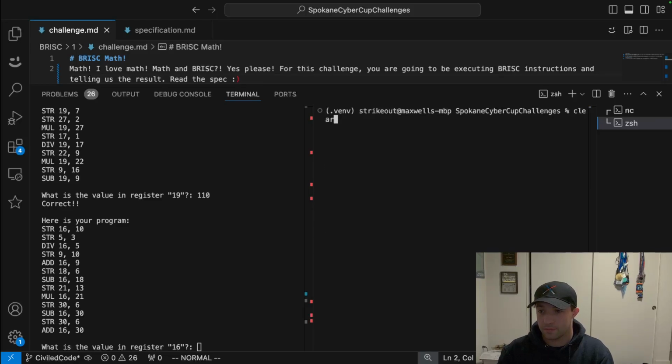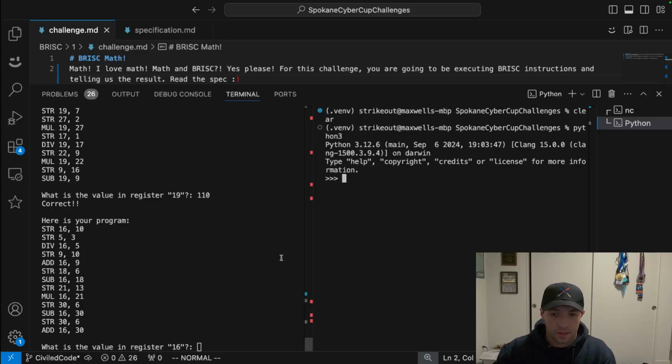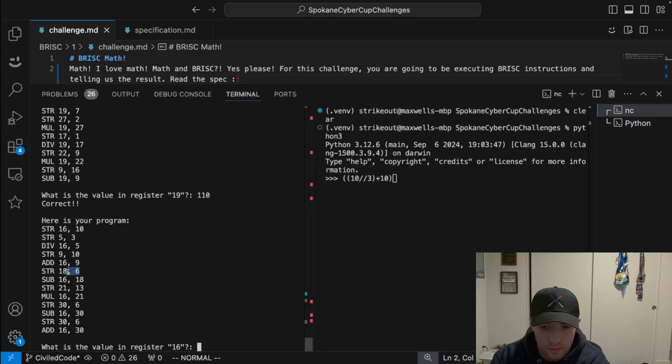Now the final one we have, we're going to do 10 divided by 3. And it's important to use the double slash here because it's going to do exact integer operations. There's no floats or decimal numbers represented here. So 10 divided by 3. Then we're going to add 10. And we're going to subtract 16, which was put in there.